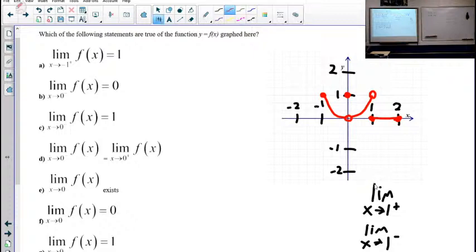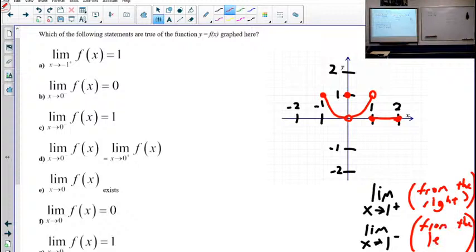So the notation here is that this is approaching from the right. And if I have a little negative up there, then we're approaching it from the left.